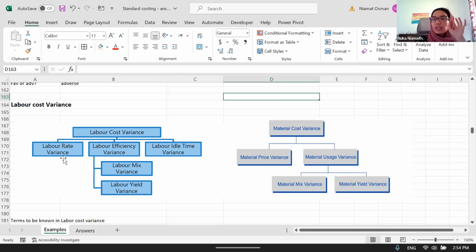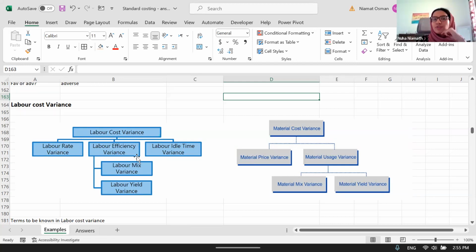It will be at the actual hours, not at the standard hours, because you will pay for the actual hours only. But remember, actual hours paid, because there might be a situation where he's sitting idle and not working, but we will not consider that here. For the total hours he was sitting there, even idle, that all will be considered, and you will pay for the total hours he was there. So that is labor rate variance.